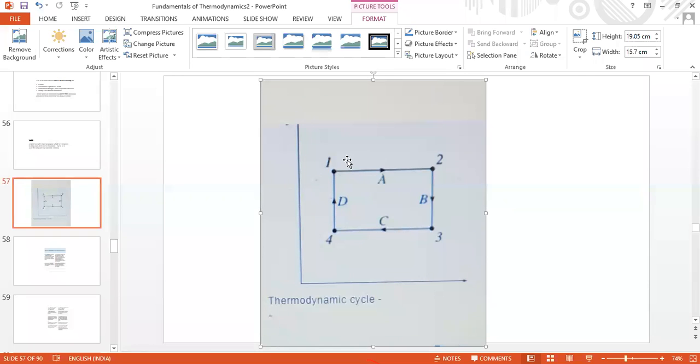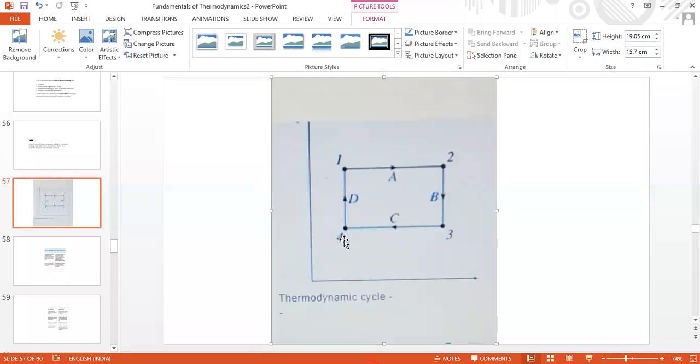Okay, here integral PdV on the process 4 to 1 is also 0. Why? Number 3, can you tell? Sir, integral PdV is opposite to 2 to 3, sir. No, no. Okay, I repeat again.